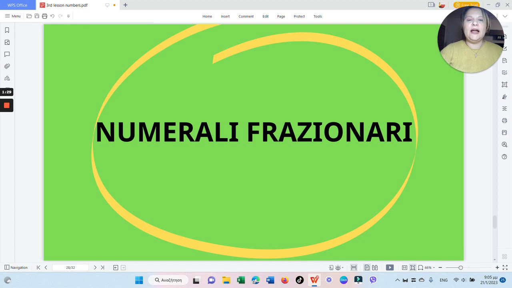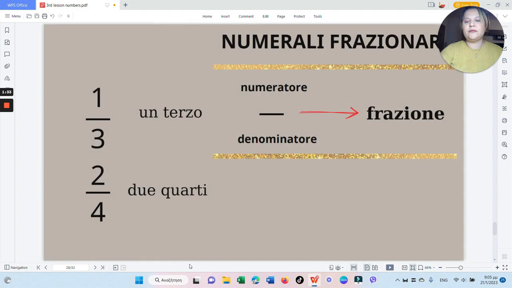Numerali frazionari. Fractional numbers. Numerali frazionari have a numerator and a denominator. And this is frazione, fraction. For example, 1/3 is written like this, un terzo in Italian, un terzo.